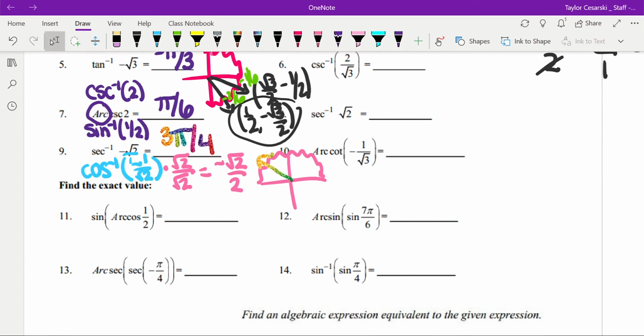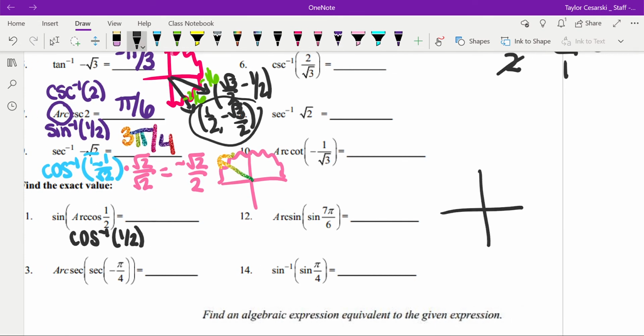All right, number 11. This time you have two things to do. So first we have cosine inverse of 1/2. So where does cosine equal 1/2? I'm going to go over here. Within my interval, where does cosine equal 1/2? So I have two choices because it's got to be positive. This is my long one, this is my tall one, so the x is going to be shorter here.